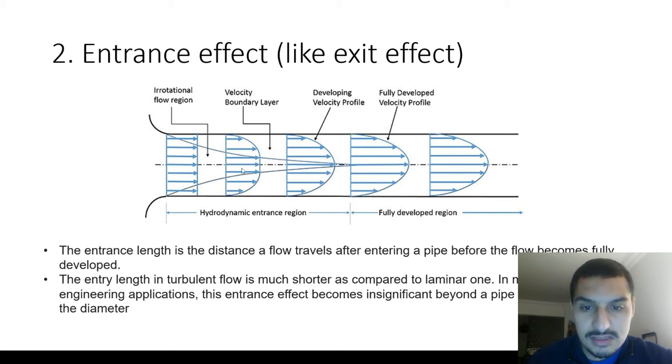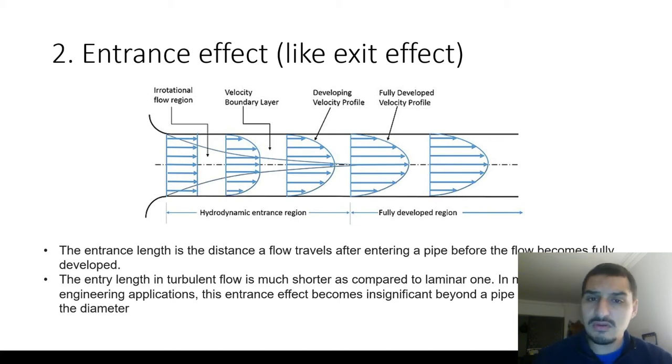Still, the part in the center does not have this shape of the velocity, and that's called the developing flow. The developing flow has higher losses than the losses that we get from the fully developed flow. And that's why we have this entrance effect losses.